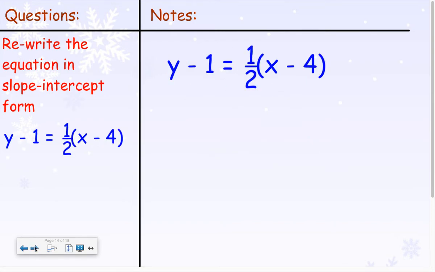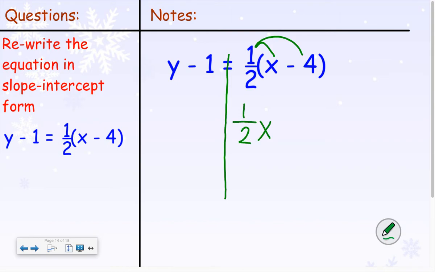All right. This time you'll see a fraction in our problem. So our slope is a fraction. So we're going to have to distribute a fraction to both the x and the negative 4. So 1/2 times x is 1/2 x. Here's how you'd multiply 1/2 times negative 4. So if I have 1/2 and I'm multiplying it by negative 4, as a fraction negative 4 over 1.